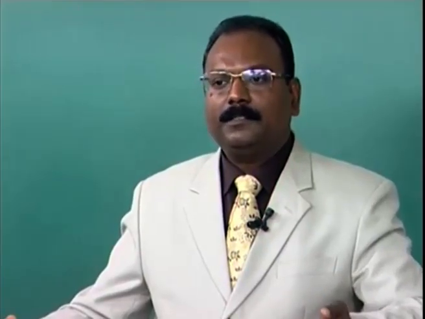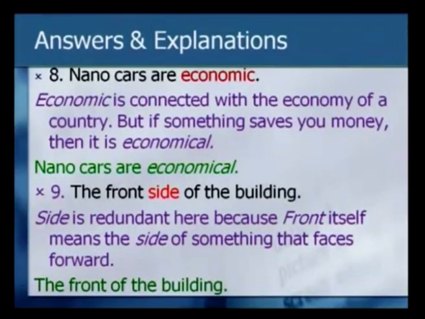When you use excessive ones, it becomes redundant, unnecessarily repeated. When the same sense is given by the other word, as in this case, the front side of the building, the front is already giving the sense.